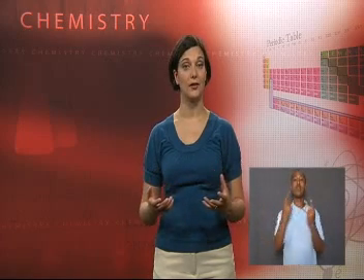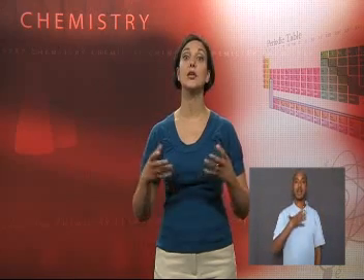We learned that metals tend to lose their electrons and form positive ions. That is why they are known as electropositive elements. We also learned that as we move down any group on the periodic table, the metallic character of elements increases.